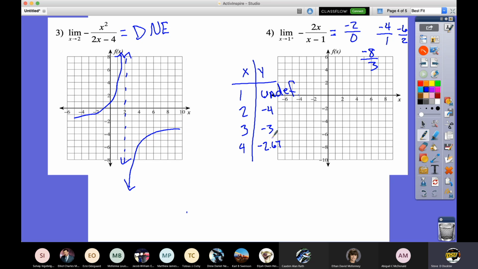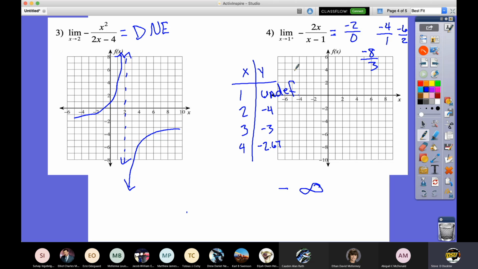All right, the closer we get to 1, the smaller the numbers are getting, right? So we're at negative 2, negative 3, and then negative 4. Those are continuously getting smaller. So our answer would be negative infinity here.